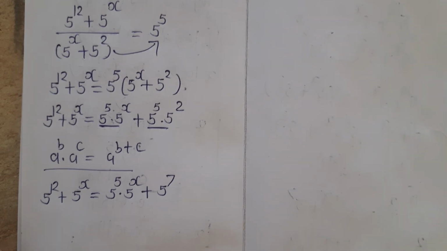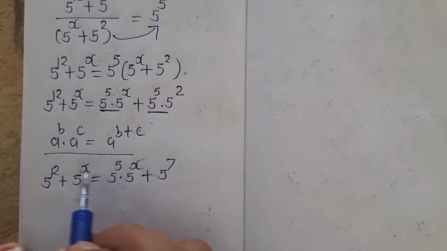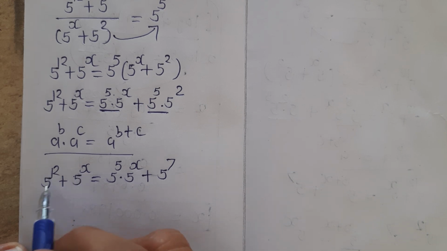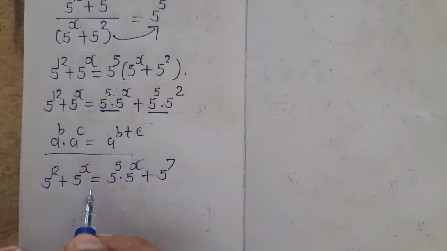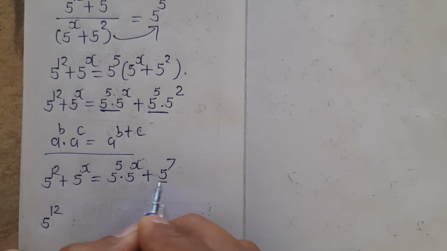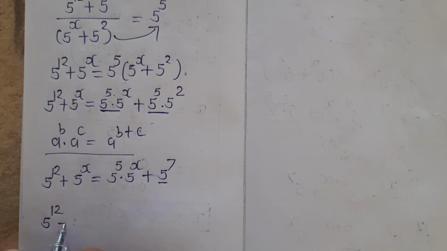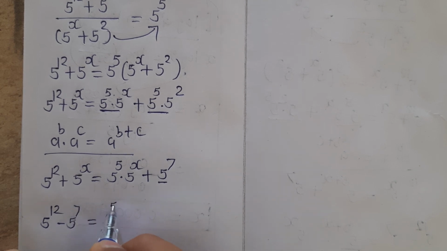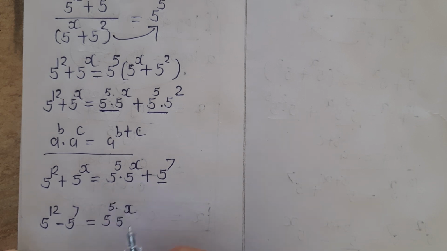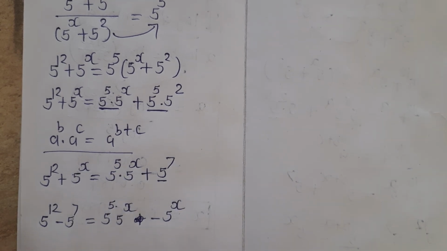Now we will take the x power component on the same side and the normal power component on the other side. So we will take this 5 raised to 7 on the left hand side, so it will become negative 5 raised to power 7. On the right hand side we will take this 5 raised to x, so it will become negative 5 raised to power of x.